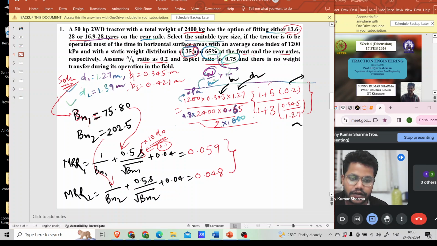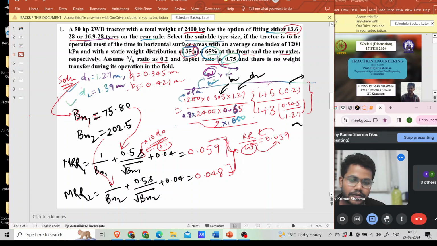So which tire do we need to select? Which tire will give more rolling resistance? The second one, sir. Motion resistance ratio is rolling resistance by the weight coming on the wheel. Here it is 0.059, meaning more of the weight coming on the wheel is converted into rolling resistance.